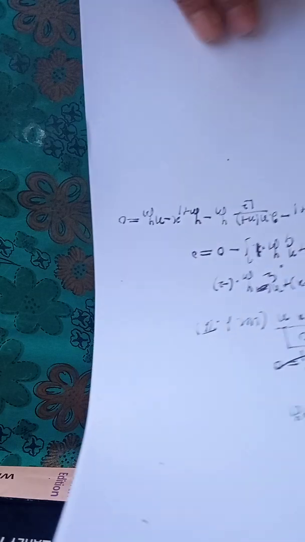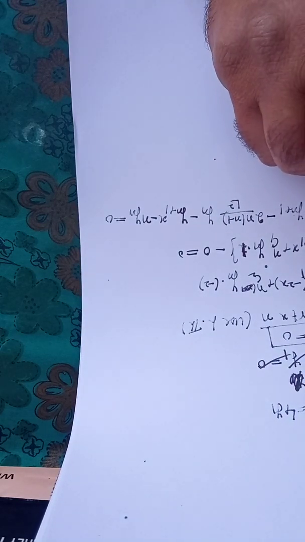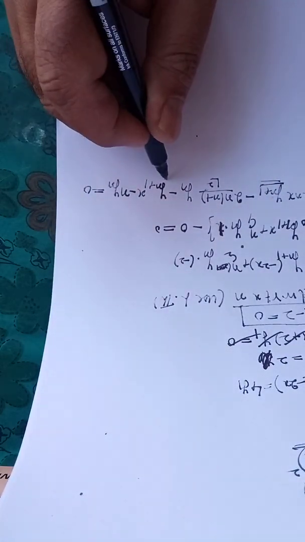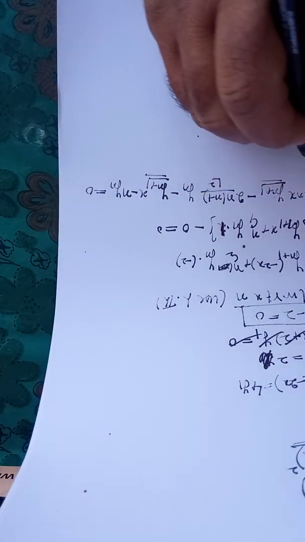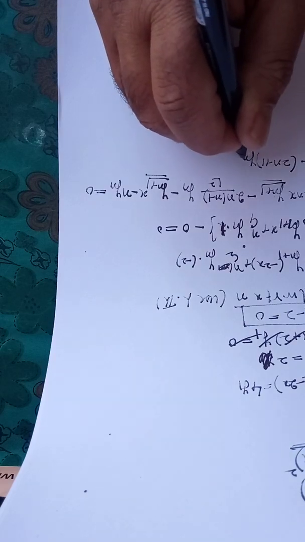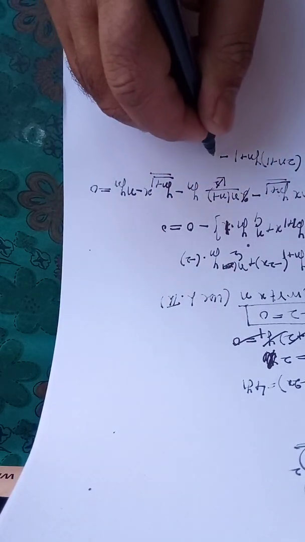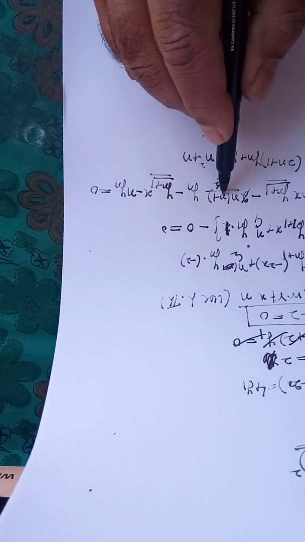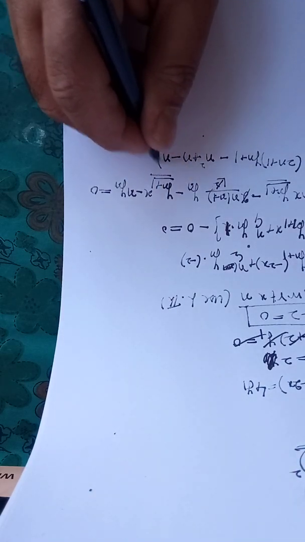Now let me combine them. This is (1 minus x square) y n plus 2. y n plus 1 is over here, y n plus 1 is over here. x is common to them. So this is minus (2n plus 1) x y n plus 1. 2 and 2 cancel out. This is minus (n square minus n) yn, and this is minus n yn. So let me take yn common.